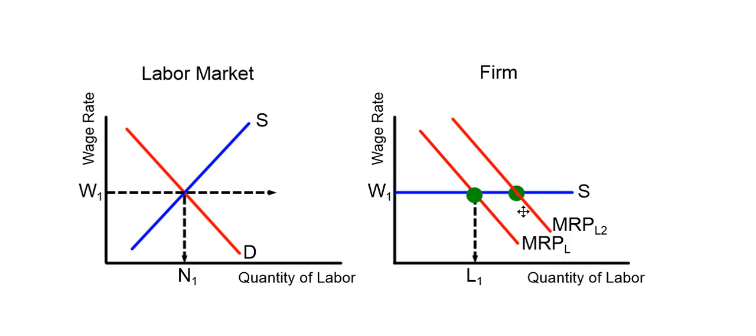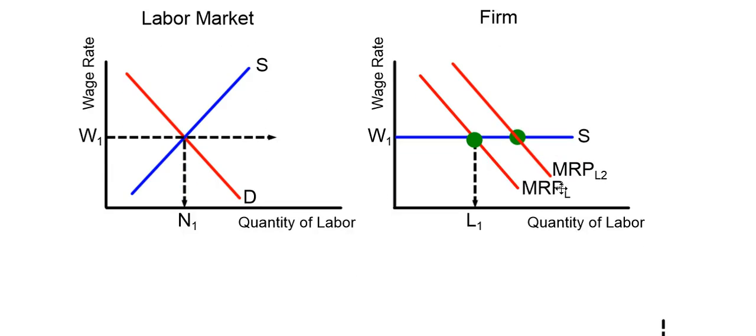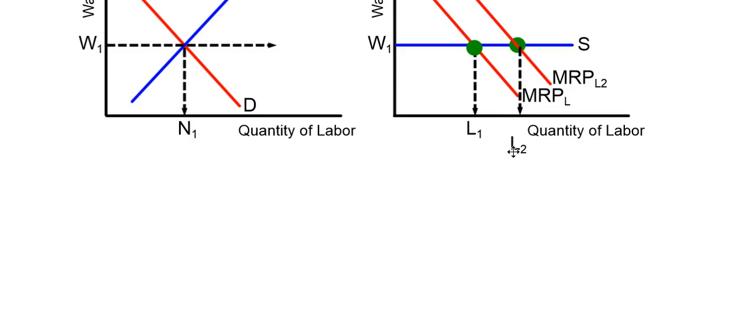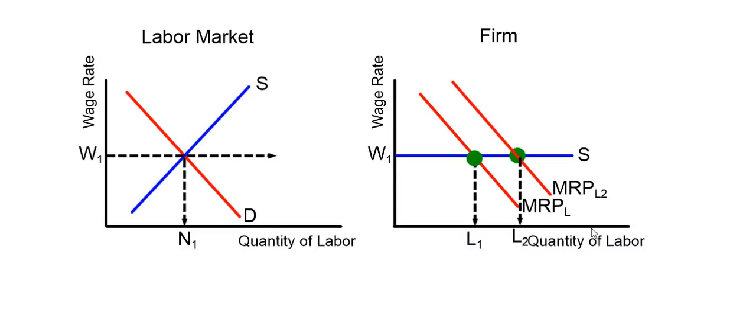And because the wage rate does not change, that just simply means that the firm is going to be able to hire more labor. We can mark that right there, and they're going to end up at this point right here.